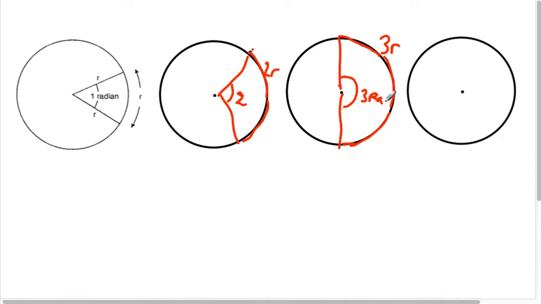So here I have arc length 2r, then the angle will be 2 radian, and the arc length 3r, then the angle at the center will be 3 radian.